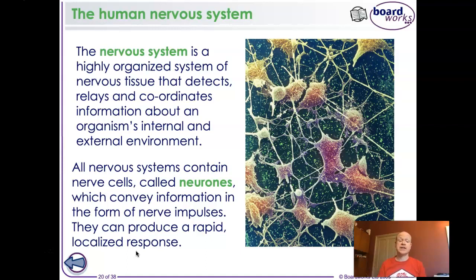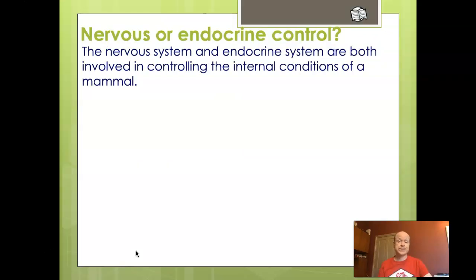So receptor detects something, the information gets converted into an electrical impulse. That electrical impulse then travels to your central nervous system, the CNS. The CNS then produces another electrical impulse that travels back along the motor neurons to the effectors so they can produce a response. Lots more are coming up on that in a separate unit too.